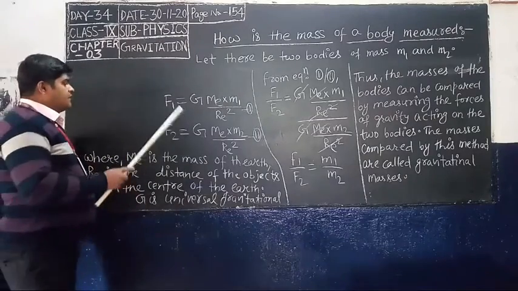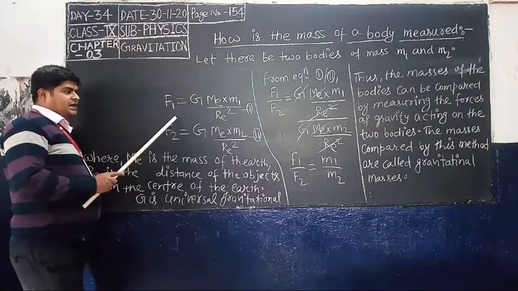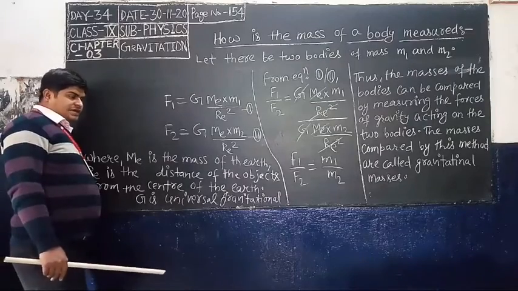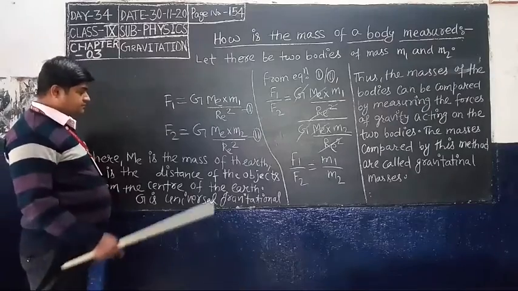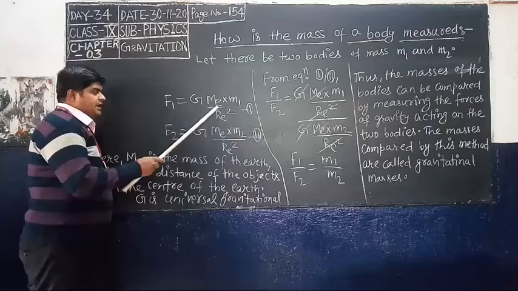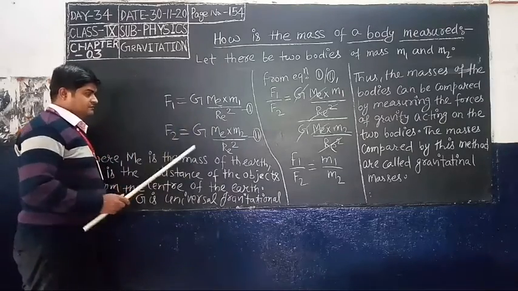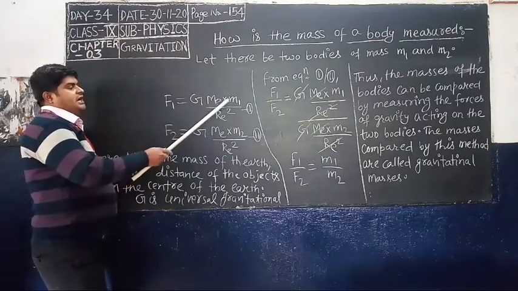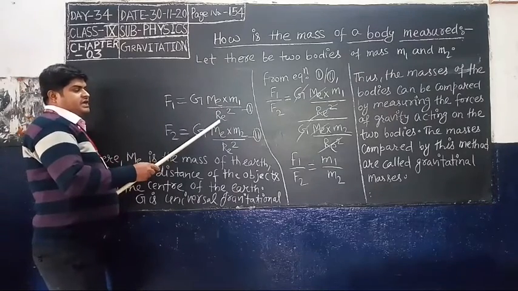You know gravitational force F is equal to G M m by r square. On the surface of the earth, F1 is equal to G Me into m1 by Re square, where G is the gravitational constant, Me is the mass of the earth, m1 is the mass of the first object, and Re is the radius of the earth.